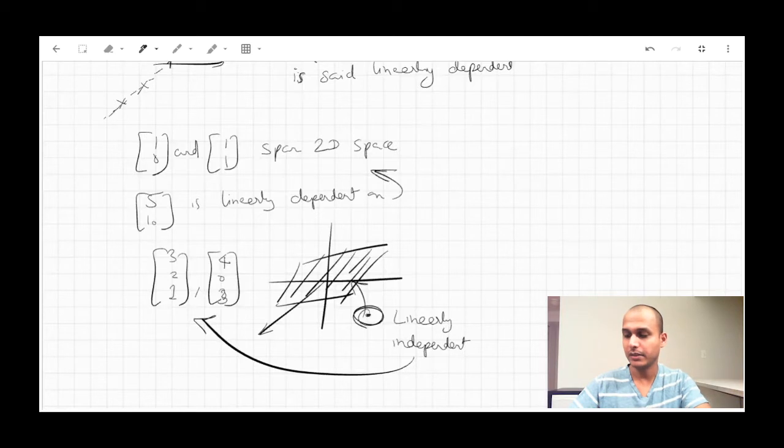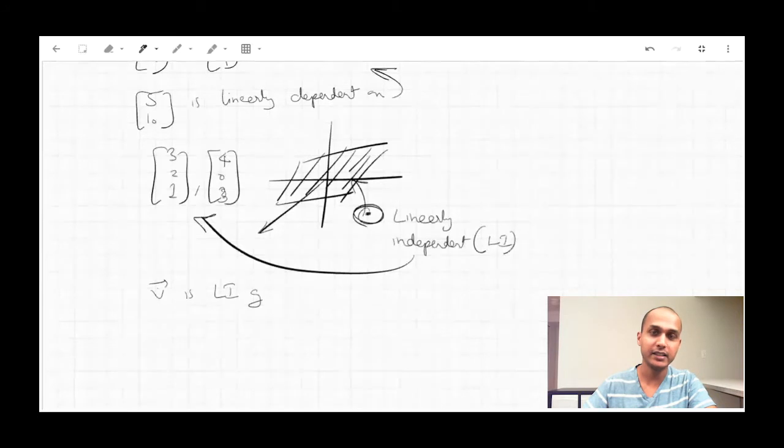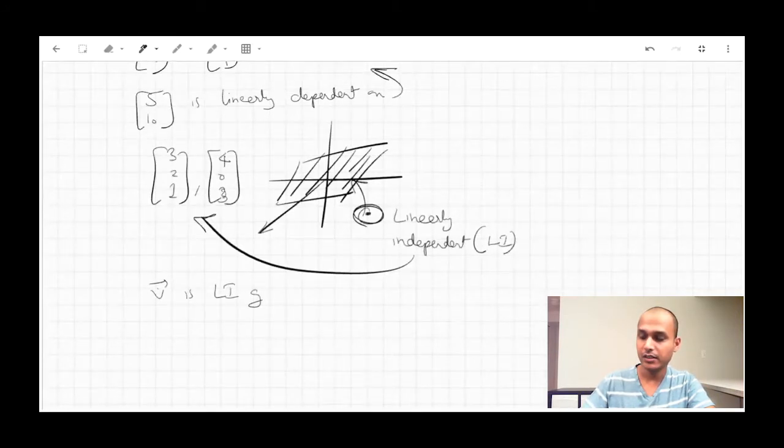So actually, you might see in books that when people say a vector v is linearly independent of, I'm just using LI as a shorthand for linear independence, v is linearly independent of u and let's say w, if there is no set of numbers, maybe 10 times v plus 5 times u plus 3 times w is equal to 0.